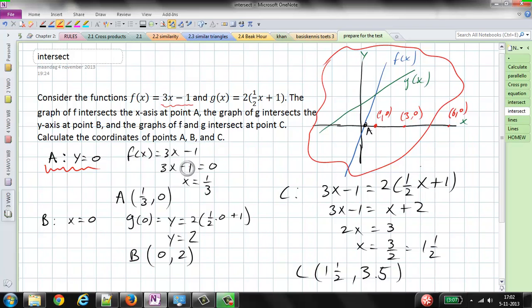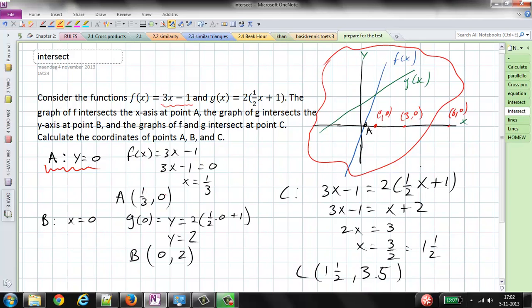So if 3x minus 1 is 0, then x equals a third. What do you get when you put 1/3 into 3x minus 1? 3 times a third is 1, 1 minus 1 is 0. Of course you get 0, because that's the x you set out to find. So the point A is the point (1/3, 0).